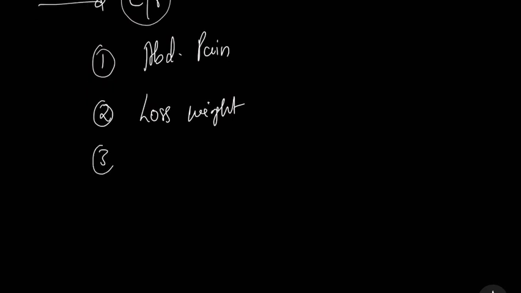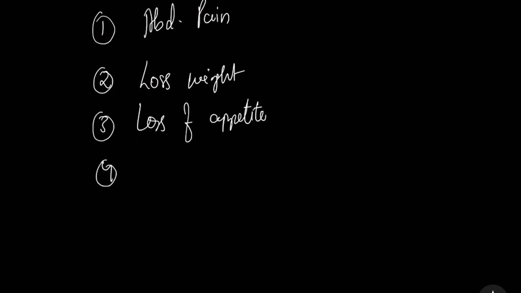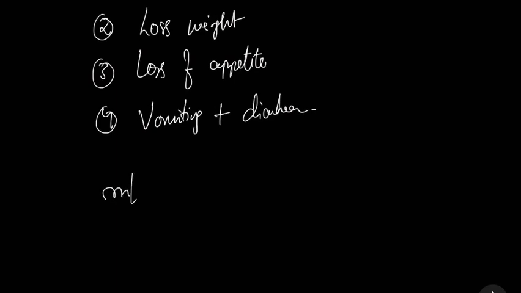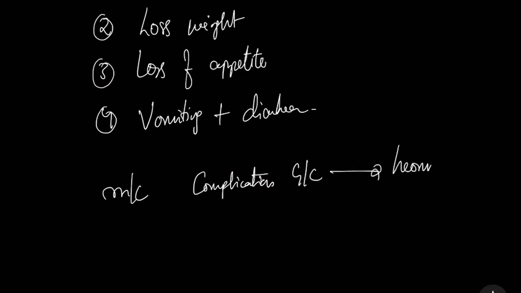All right, there is also loss of appetite. Yes, and there is constant vomiting associated with your diarrhea in the patient. All right, the most common complication of your gastric carcinoma is hemorrhage.